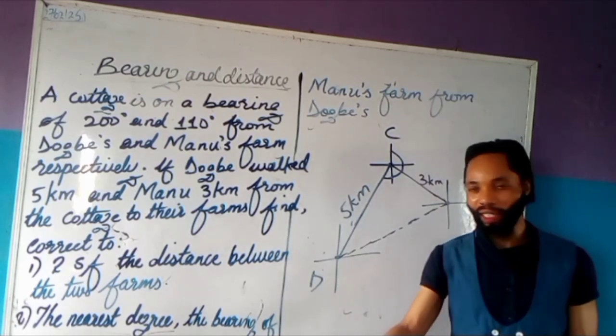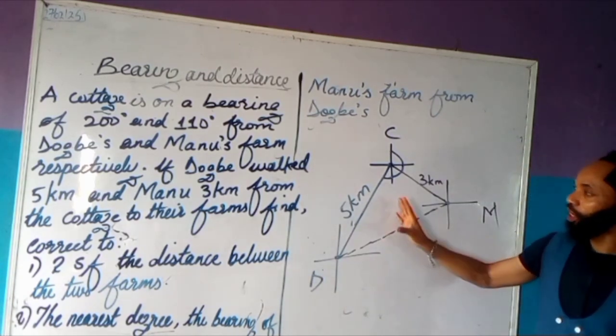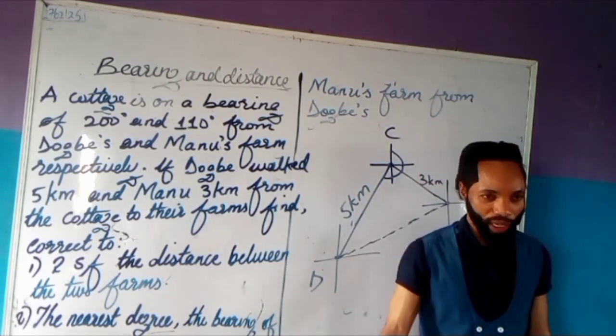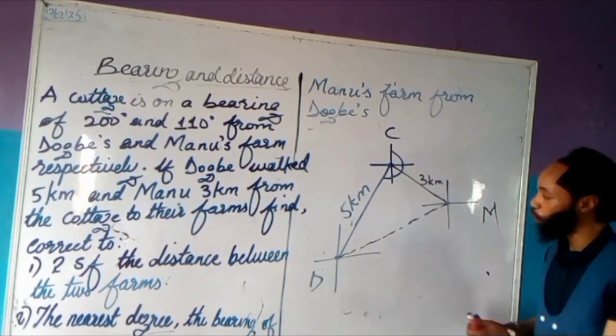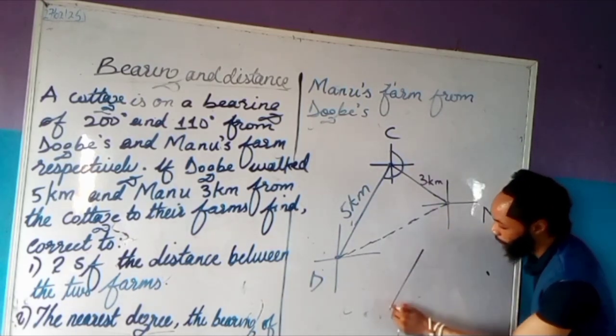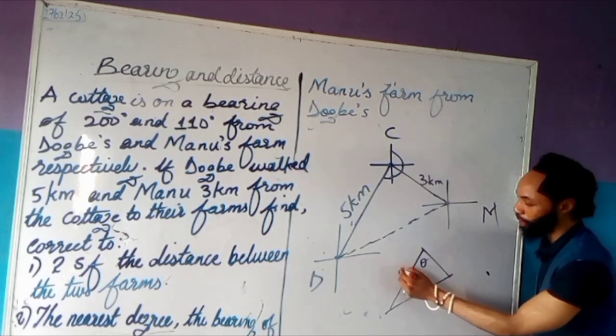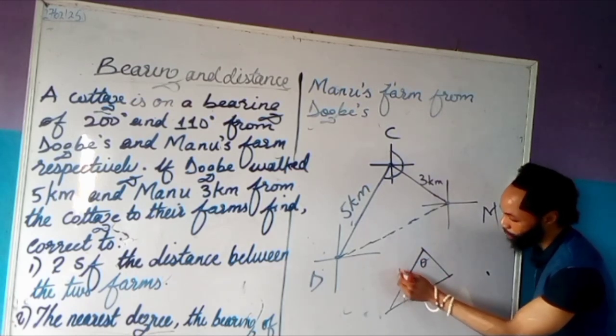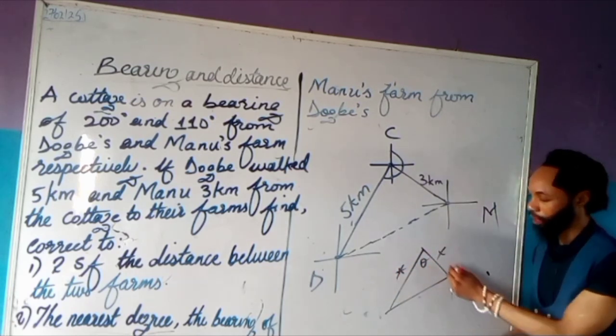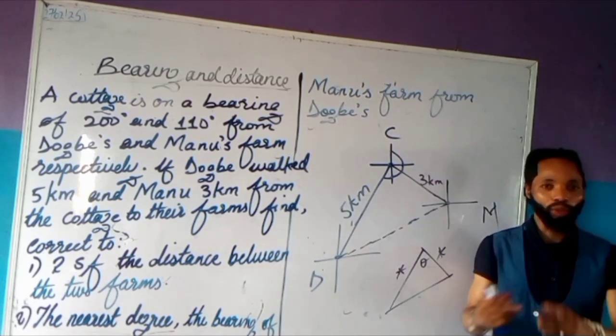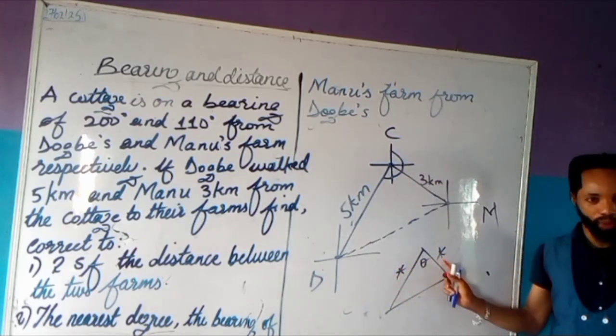Because in answering a question as such, you should know when to use sine rule and when to use cosine rule. If you have an angle and you have the parameters bordering it, you are given this side and you are given here, then you have an angle in the middle, you use what? Cosine rule.